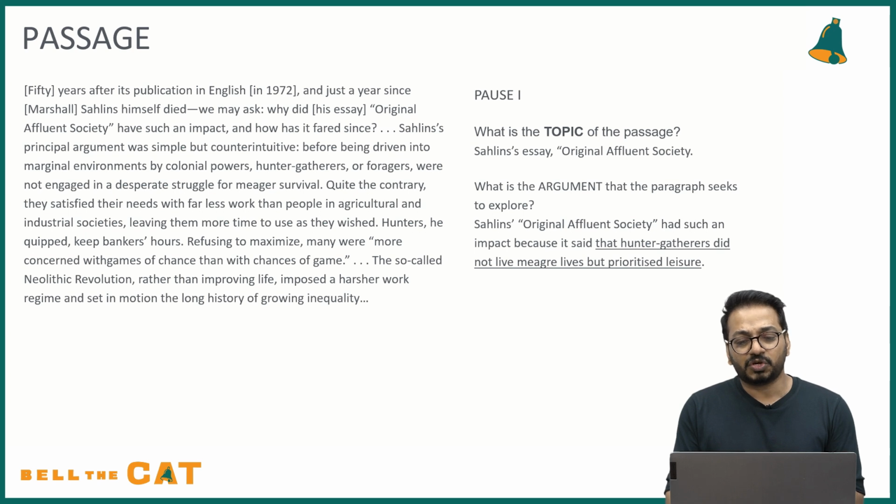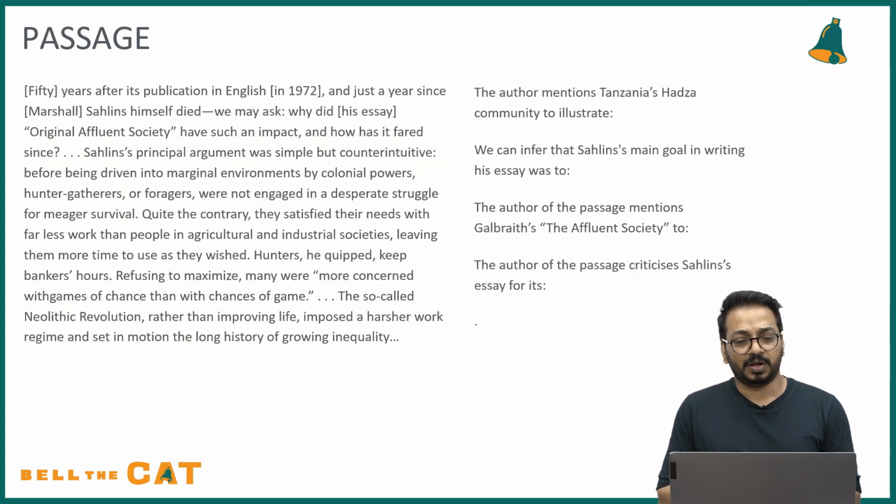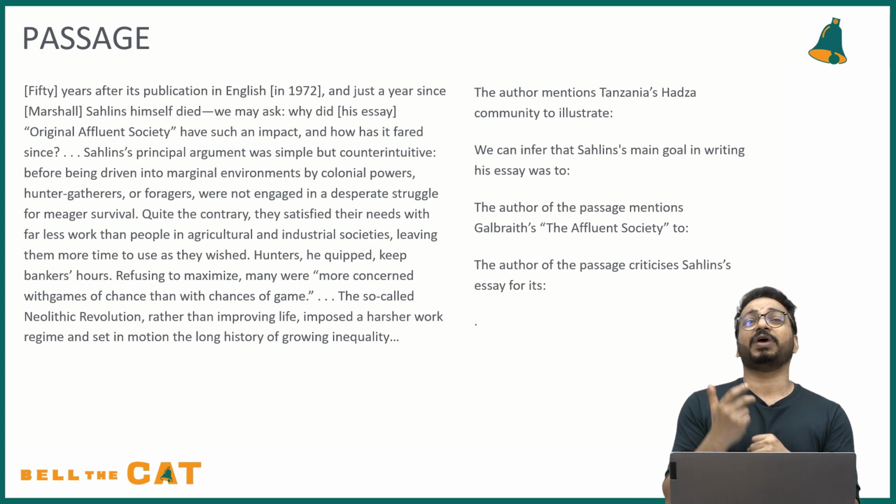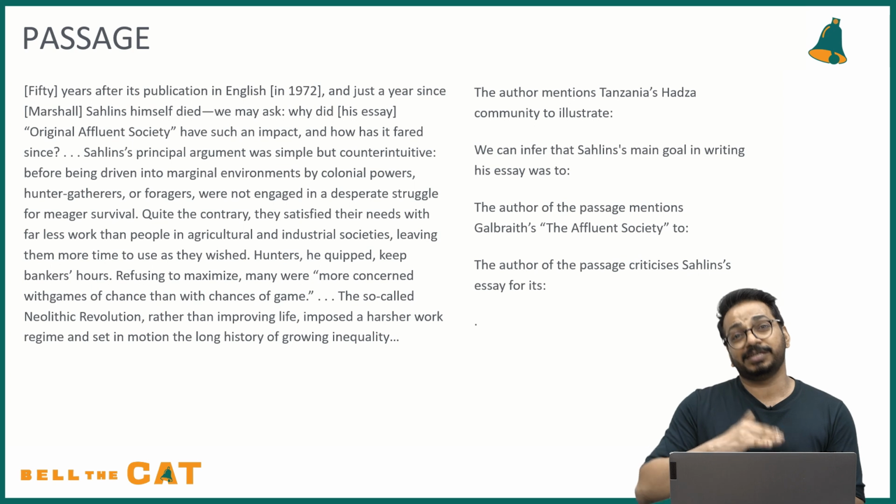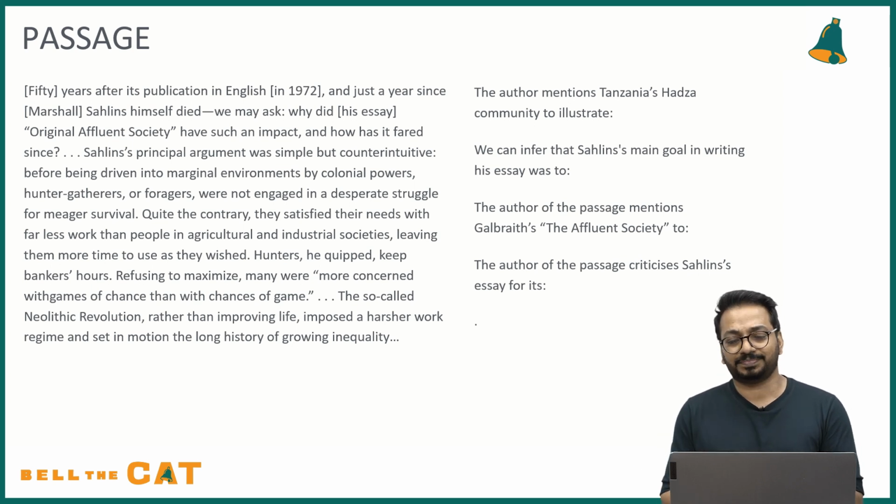Now, let us quickly look at the questions. The author mentions Tanzania's Hadza community too. The Hadza community is not mentioned in the first paragraph, so we cannot answer. We can infer that Sahlins' main goal in writing his essay was to... They're only talking about why this essay was important. We still don't have information as to what the writer's goal was.